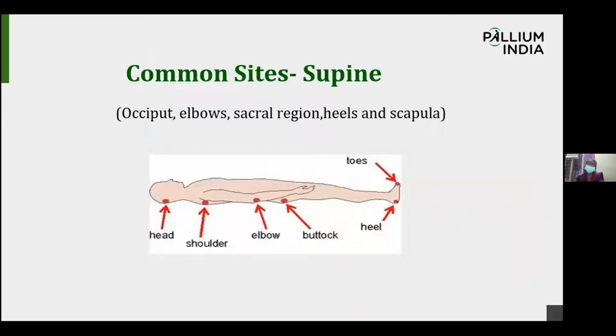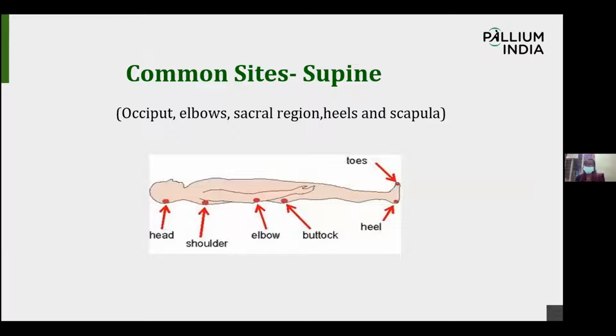So coming to the common sites. This is the most common position: if the patient is in supine position, these are the major bony prominences: occiput, elbow, sacral region, heels, scapula, and toes are the major pressure point areas. Why am I telling you all these points?